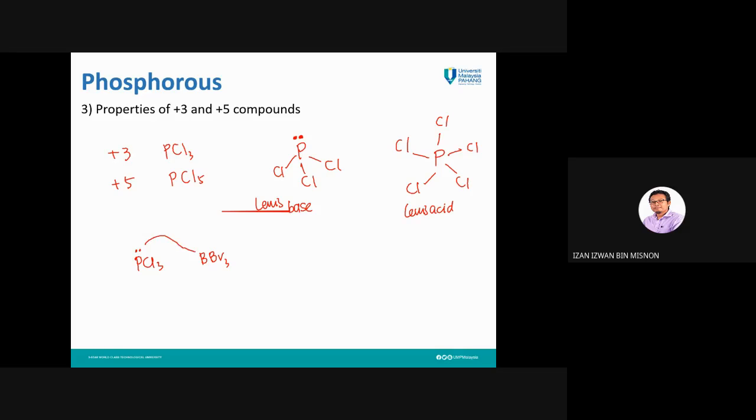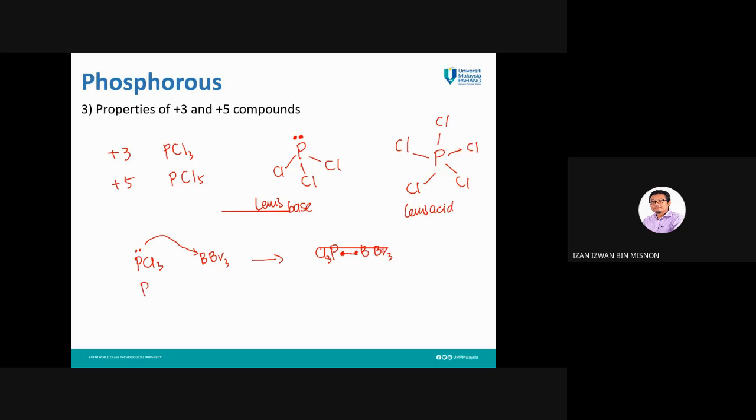The electrons can be donated to the boron atom, forming PCl3 bonded to BBr3. So the 2 electrons from phosphorus are used to form one bond between phosphorus and boron.